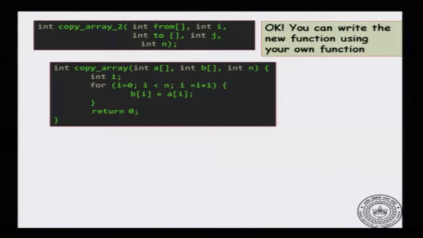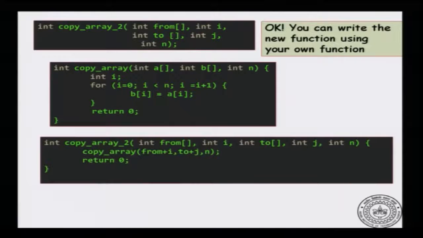Let us try to solve it using our own function, and here is the guess that I am making, and then I will justify that this works. I will just say here is my function copy array 2 (from, to, i, j, n), that will be defined as copy array (from plus i, to plus j, n).